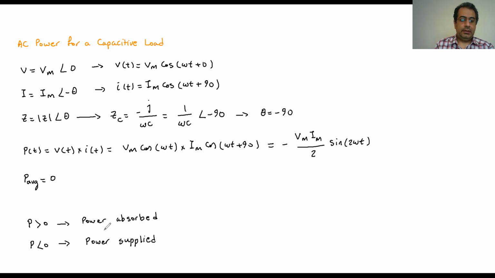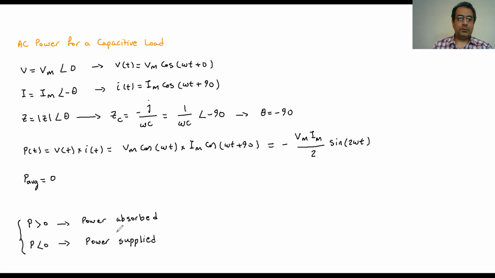So for the resistance, the power is always positive and it is always absorbing the power, always using the power. For the sources, the power is always negative because they always supply the power.